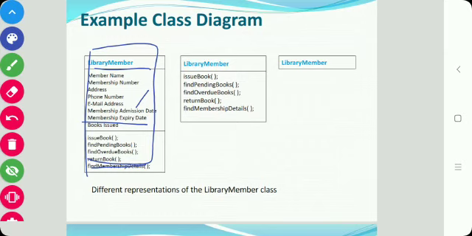These second and third compartments are optional. For example, for the library member, the attributes are member name, membership number, address, phone number, email address, and the operations are issue book, return book, find book. All these are the operations for the library member.